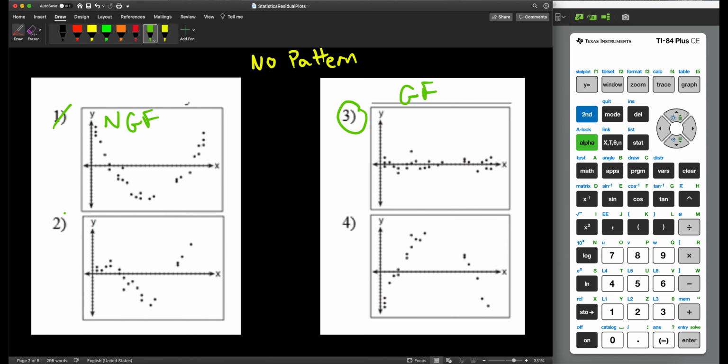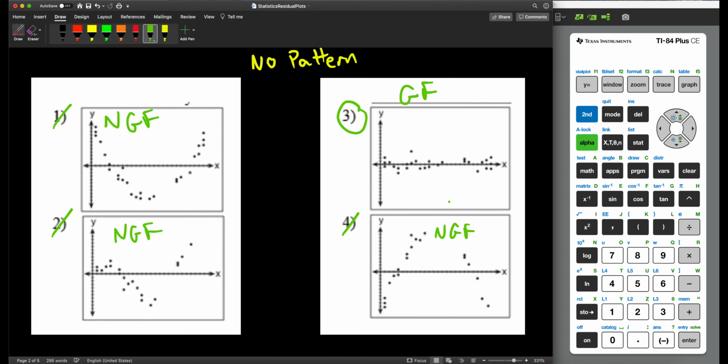That is also not a good fit. And then, of course, choice 4: far away from the x, close to the x, far away from the x, far away from the x. It does form a pattern. If you were to draw a line through this, it would make a negative quadratic function. Also not a good fit because it forms a pattern.